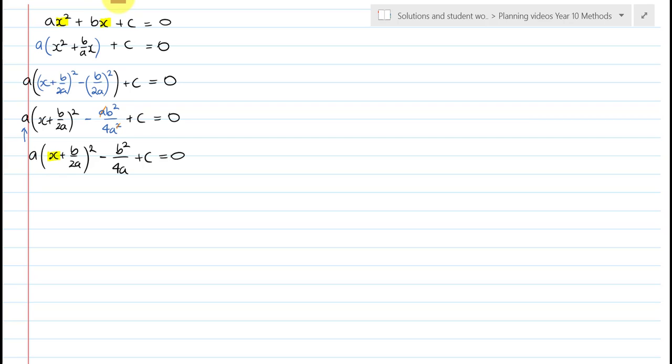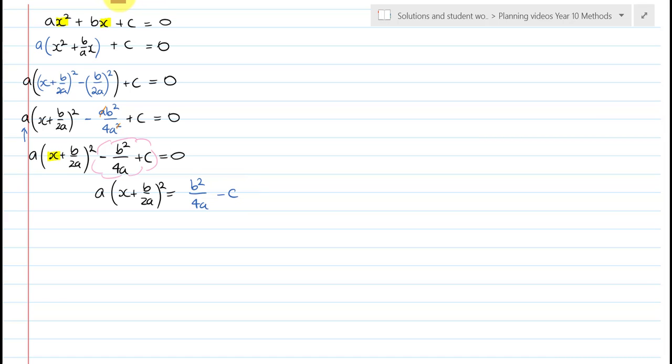So the first thing I'm going to do is remove my constant term at the end. So that's this term here. And I'm going to do it by adding b squared over 4a and subtracting c. So I'll end up with a times x plus b over 2a all squared still. But on the other side, the right hand side, I now have b squared over 4a minus c.